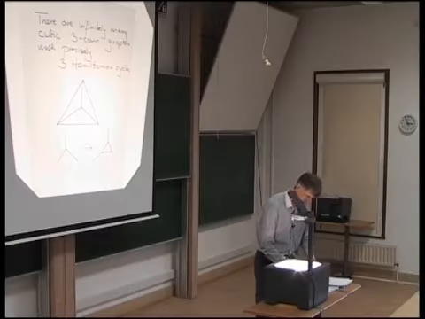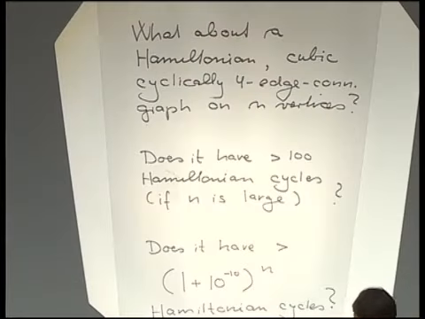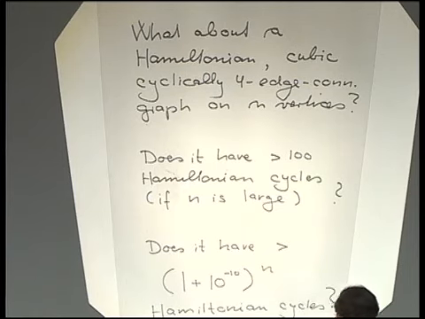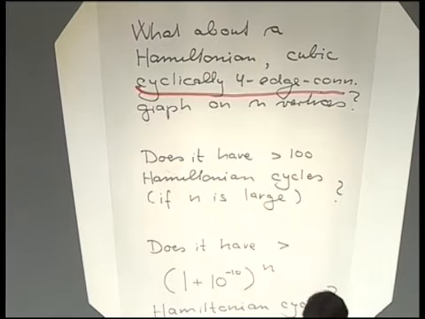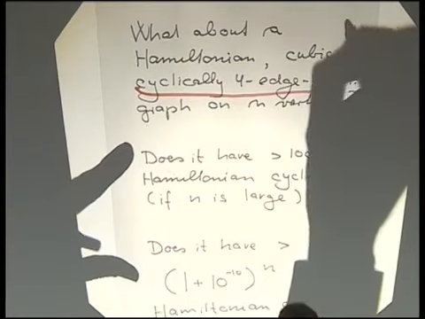But what about graphs which have a little higher connectivity? If you take a Hamiltonian cubic cyclically 4-edge connected graph on n vertices, does it then have at least 100 Hamiltonian cycles if n is large? And maybe I should say what this word means, cyclically 4-edge connected. It just means that if you want to disconnect your cubic graph by taking away 3 edges, the only way you can do it is by taking away 3 edges incident with the same vertex.